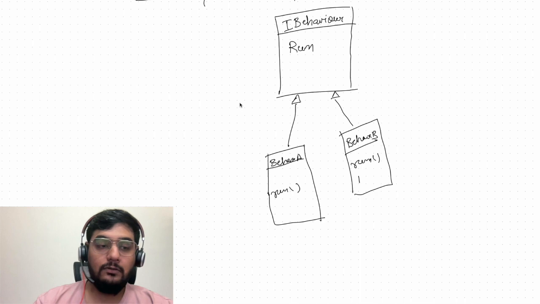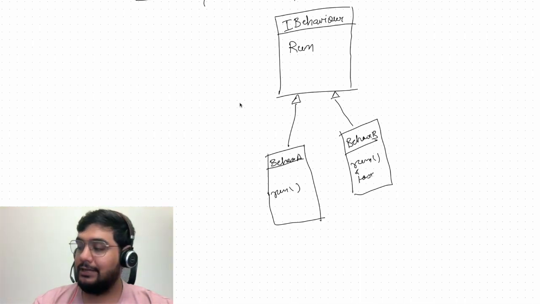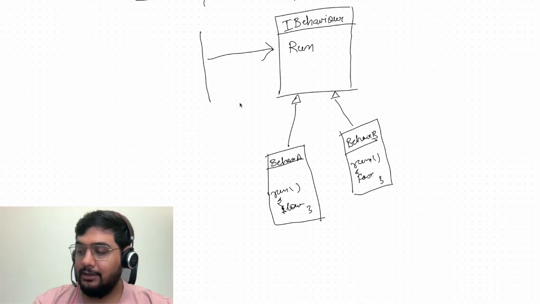Okay, and now we will have, let's say, a particular class, a client, that will inherit or inject. When I say inherit, it does not only mean implement, it can inject. So this is a client, it will inject IBehavior.